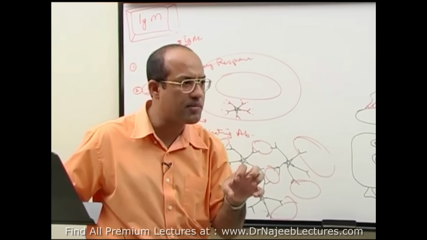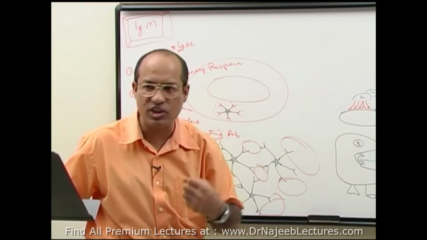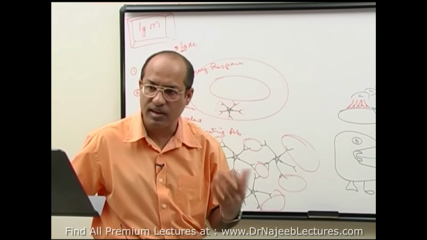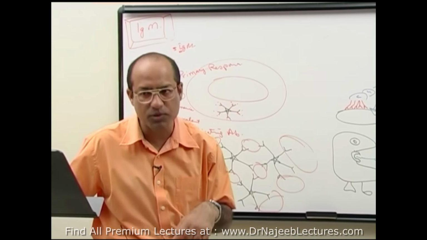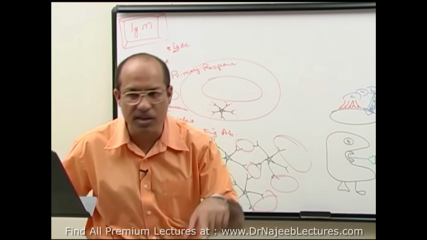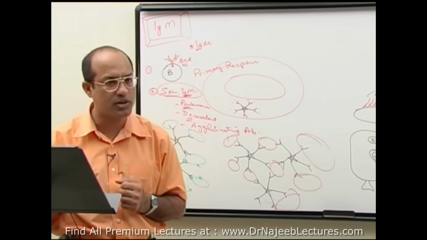IgM is pentameric with decavalent molecules, and it can produce agglutination reactions. Is that right? It can activate the complement by the classical pathway. And of course, we should remember IgM is the main antibody of the primary immune response. Is that right? Do you have any question up to this?